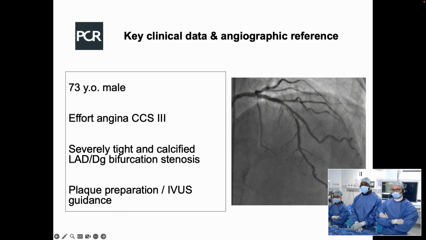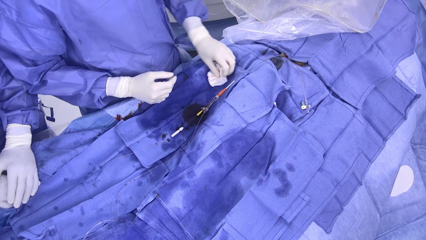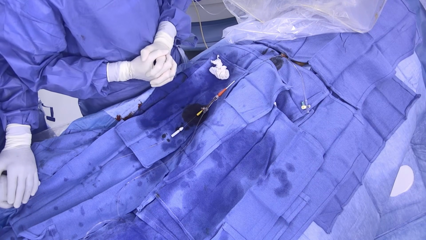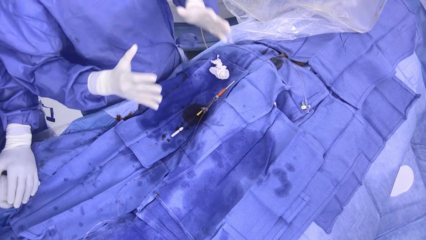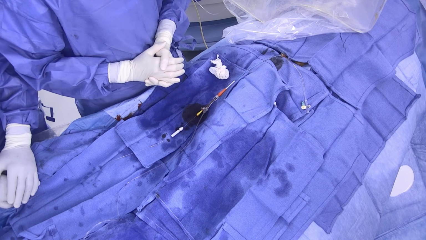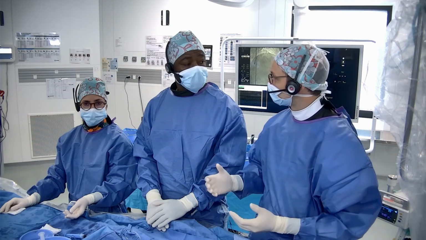So we go by a transfemoral approach, 7 French, because we keep in mind that there are 2 bifurcations. That's why we go by 7, and we will be more comfortable with the 7 French. And we keep in mind that probably we will go with a rotablator, Didier.